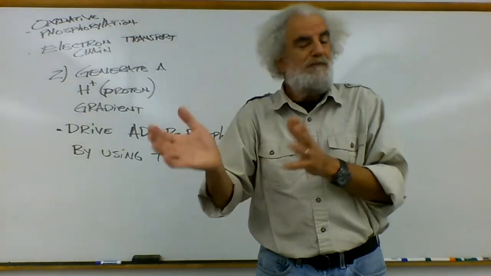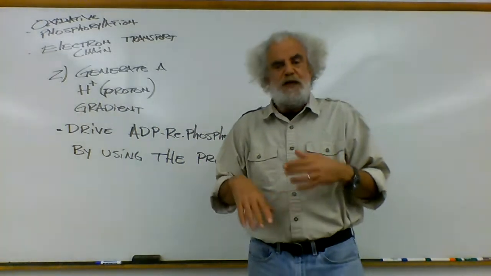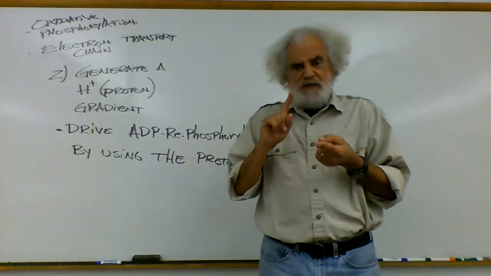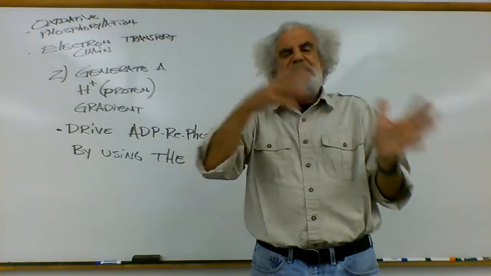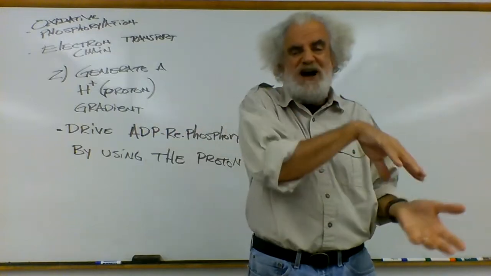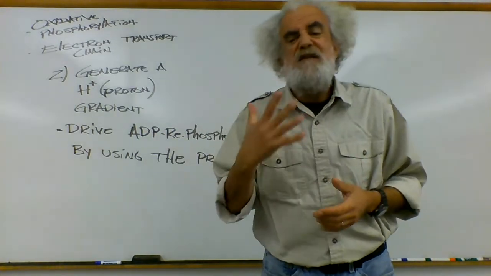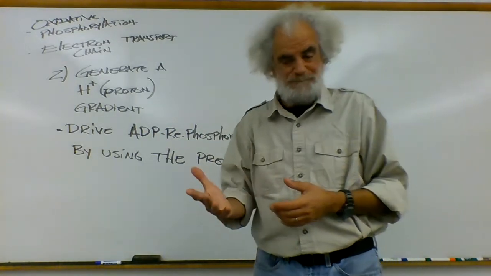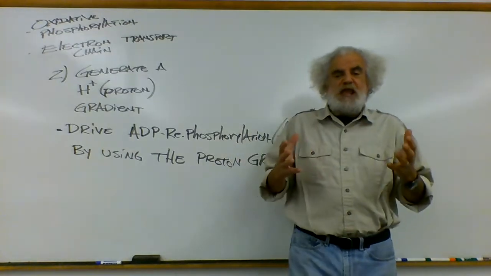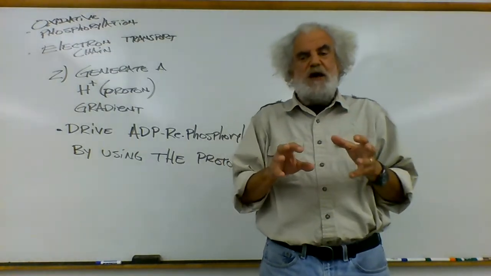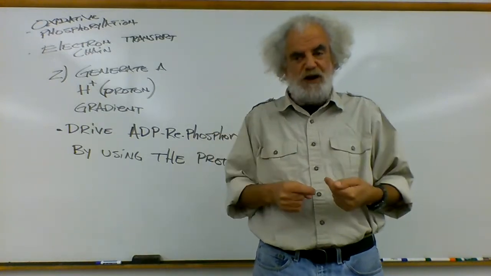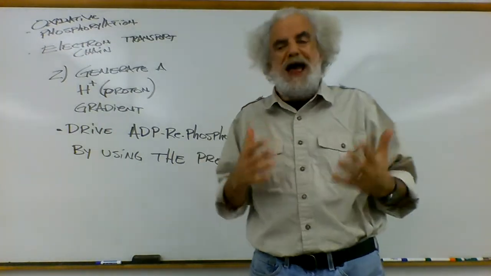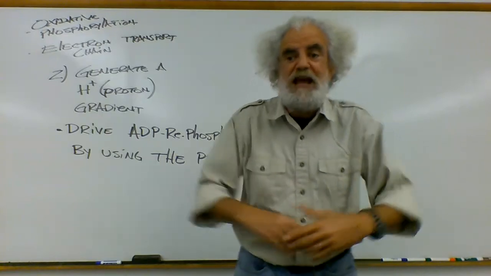That's all you're doing, is simply going back and forth. In a human, the average ATP molecule is phosphorylated, dephosphorylated, and then rephosphorylated something like 500 times a day. Additionally, if you were to calculate up the amount of ATP that you're generating, it would be equal to about half your body weight every day.